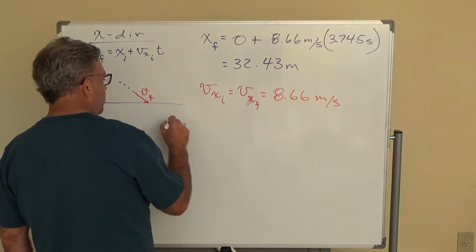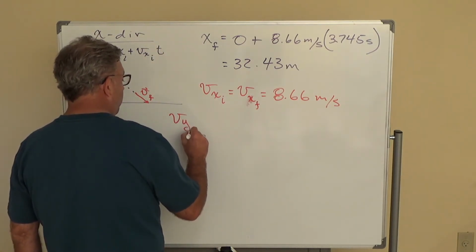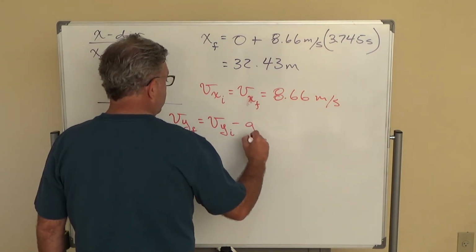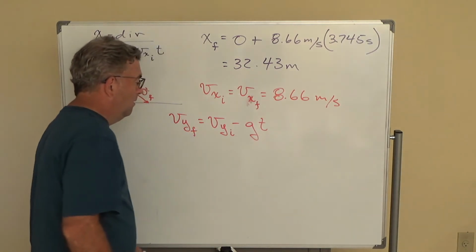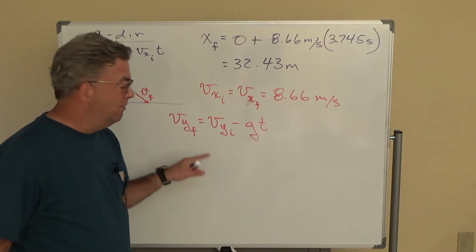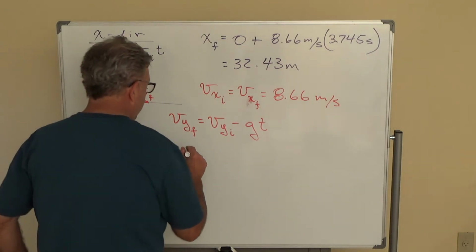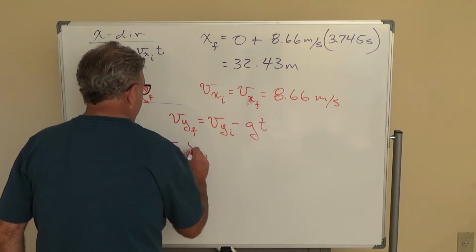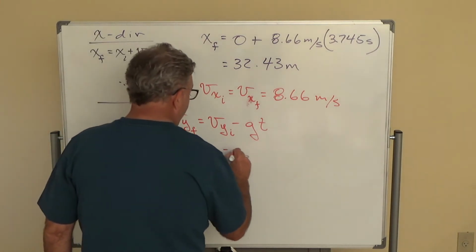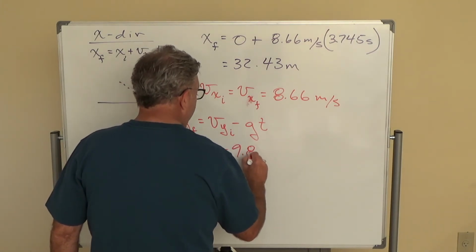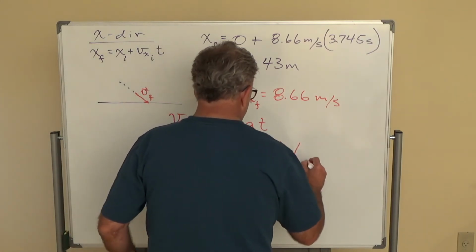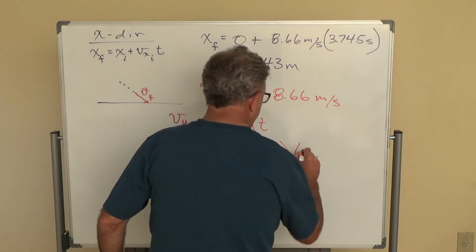For the y direction, we know that Vy final is equal to Vy initial minus g t. Well, I have Vy initial, I know g, I know t, I can figure out Vy final. This is equal to 5 meters per second, that was Vy initial, minus 9.8 meters per second squared times 3.745 seconds.